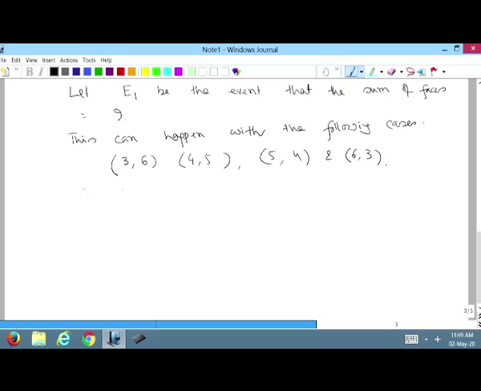Therefore, probability of E1 is equal to 4 upon 36, which is equal to 1 upon 9.